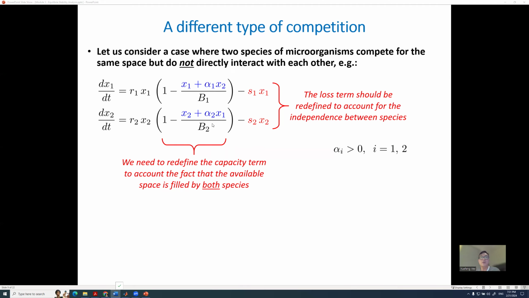Let's say that every unit of P. aeruginosa is twice the size of a unit of E. coli bacteria. Therefore, the density of P. aeruginosa will count as twice the density of E. coli in reaching the maximum capacity B1. Hence, we shall expect that alpha 1 in the first equation is 2.